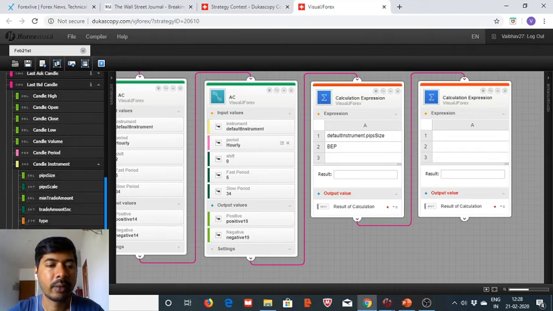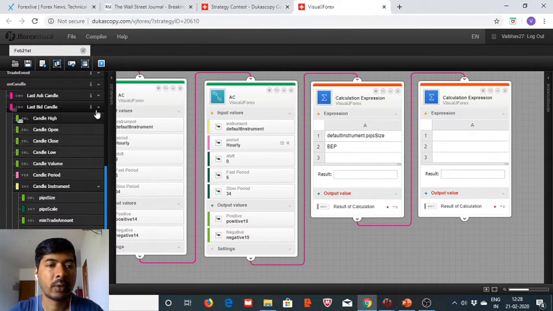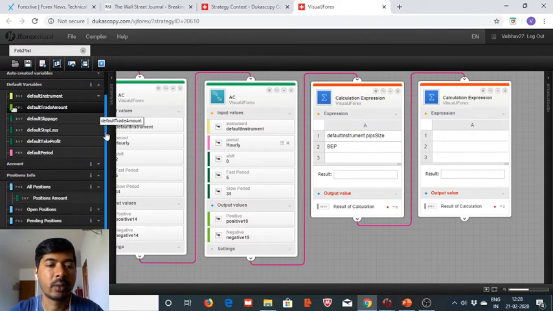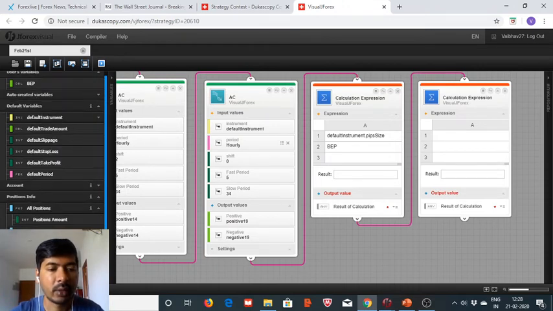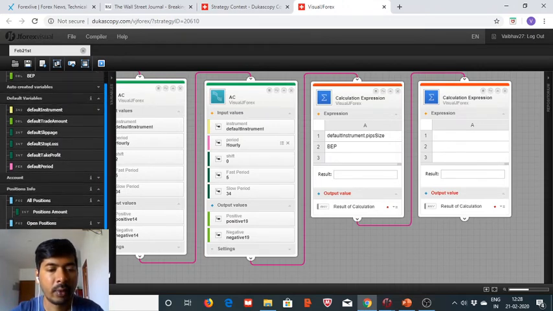We can bring in the last bit candle close, and I think it will be better if we utilize the last tick price, and then from last tick we will deduct 5 pips, and wherever the market price will go to that level, the order will be executed.